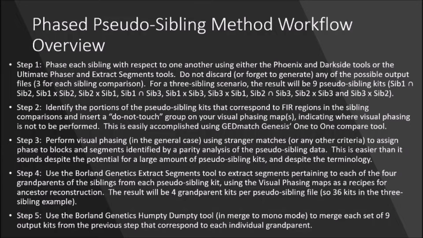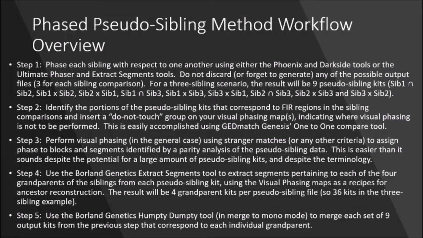If you're not familiar with those, NIR are regions where the siblings don't match each other at all. If you did a GEDmatch one-to-one compare, there are portions of the chromosomes where the siblings don't match. Those are called NIR, not identical regions, I think it stands for. Then there are HIR regions, which are half identical regions, because across any span of chromosome, we have 2 copies of each chromosome, and it's possible that a sibling can match on one, but not the other copy.